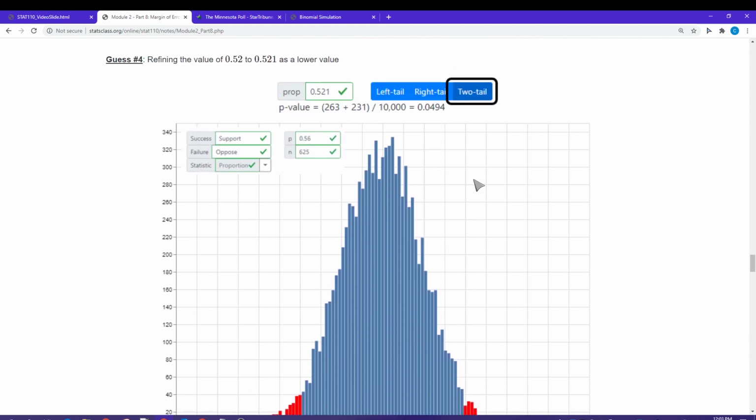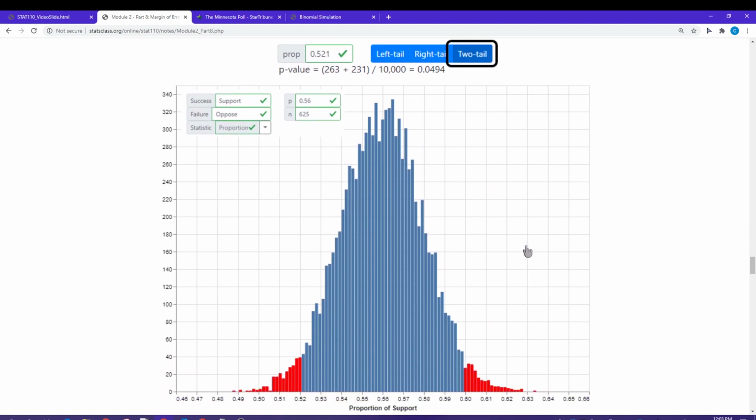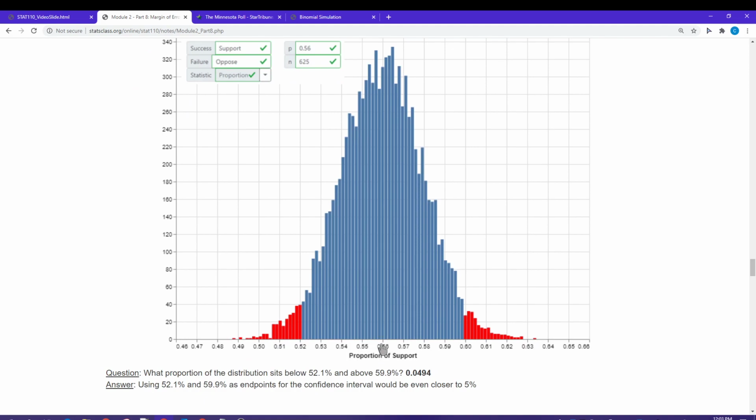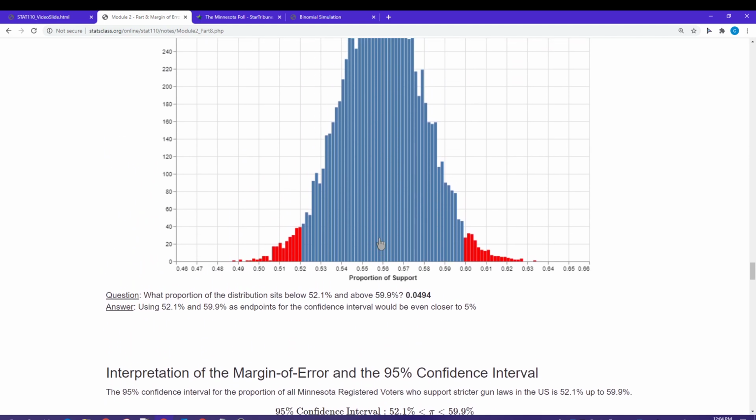So again, the lower endpoint here is just the value that I put in this box, and then the upper endpoint is simply the corresponding value on the upper end of the distribution. The distance from 0.56 down to 0.521, that distance is 3.9%. So to figure out the upper endpoint, I can simply use 0.56 plus that 3.9%.